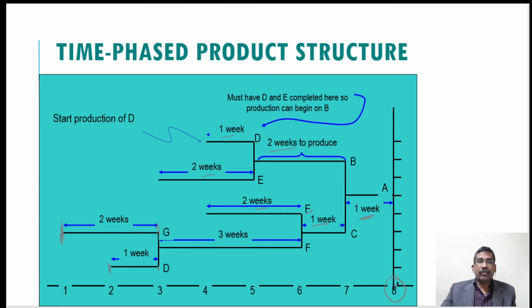So on the basis of that, we can start the different activities. For example, for G we have to start in the first week. For D we have to start in the third week. Similarly for E we have to start in the third week.